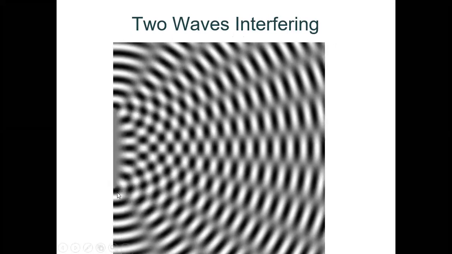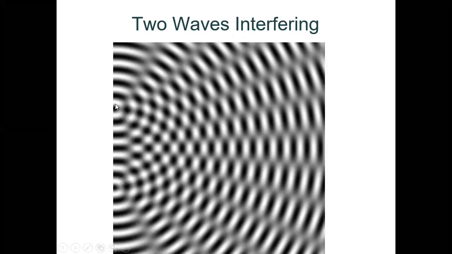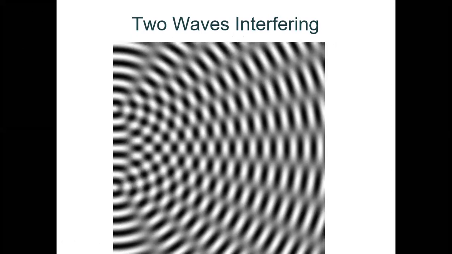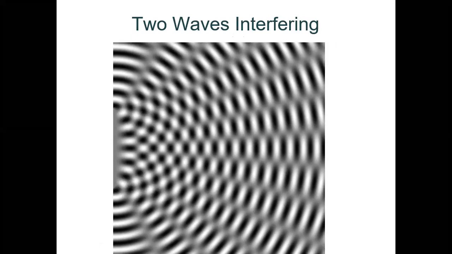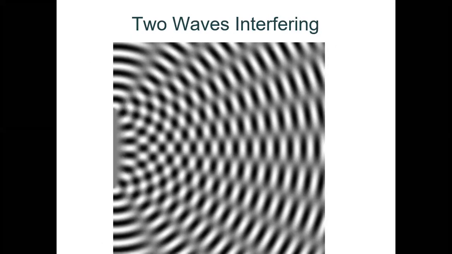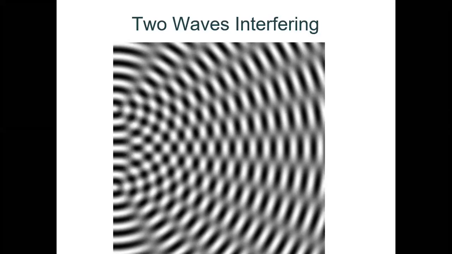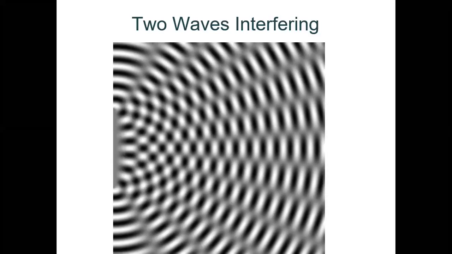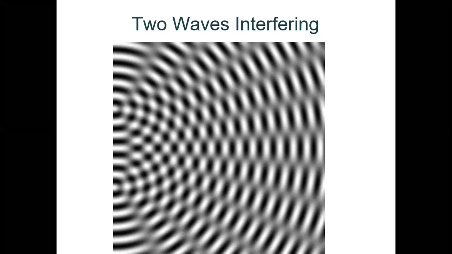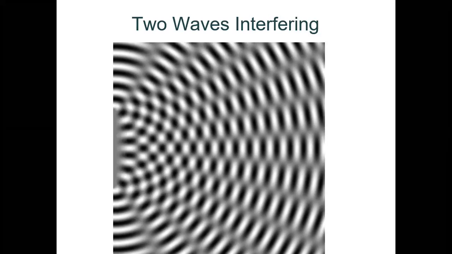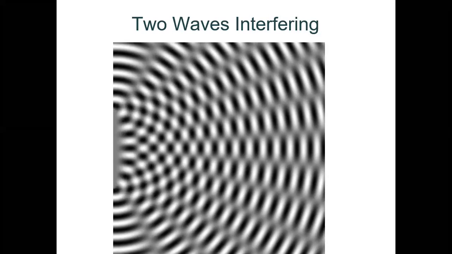Two sources are here from where the waves are originating continuously, and both sources are continuously generating waves. The generated waves are being superposed with each other. That means they are overlapping with one another. This overlapping of one another is referred to as the superposition principle.